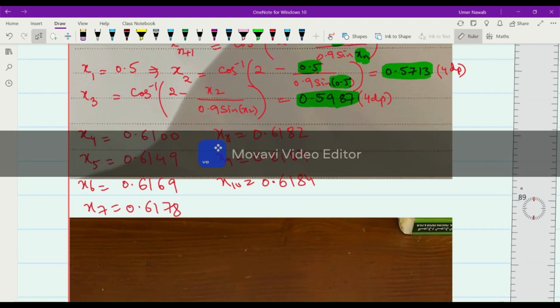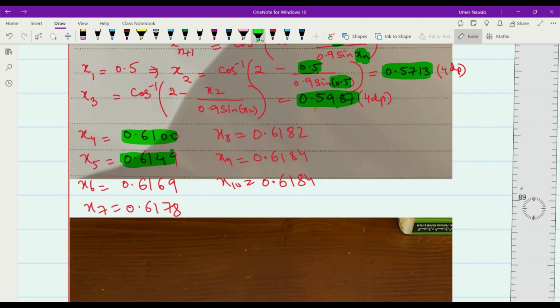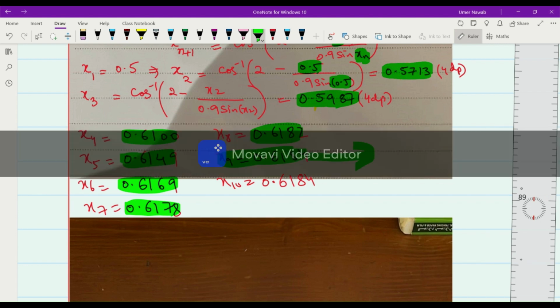You can check that 0.5 starts repeating. After that we see 0.6100, 0.6149, 0.6169, 0.6179, and 0.618. I think you guys can stop at the ninth iteration. The reason is the third decimal starts repeating.